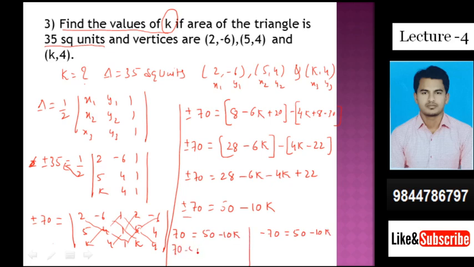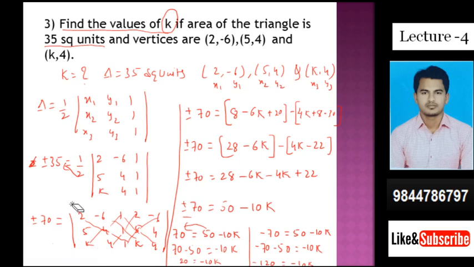70 minus 50 is equal to minus 10k, substituting in LHS, that is 20 is equal to minus 10k. Here minus 70 minus 50 is equal to minus 10k, that is minus 120 is equal to minus 10k.